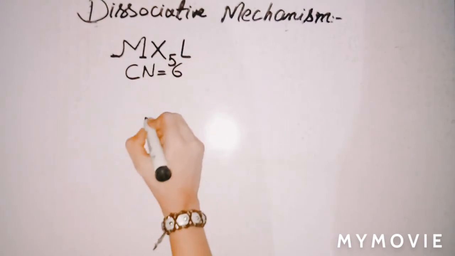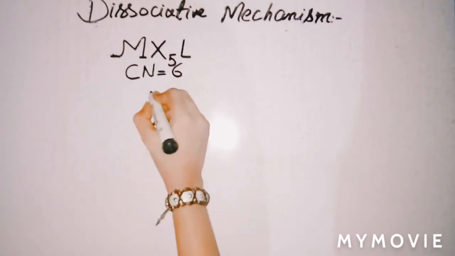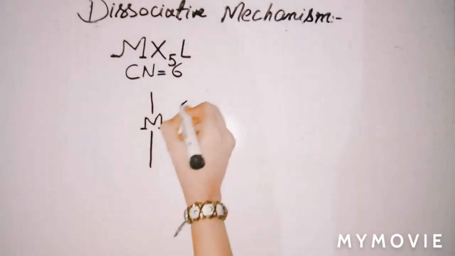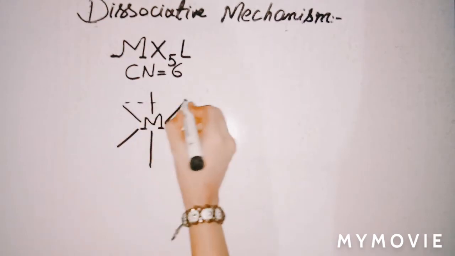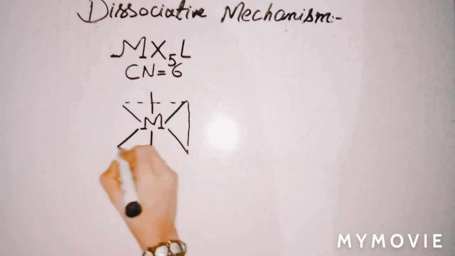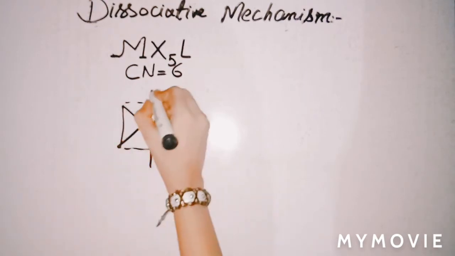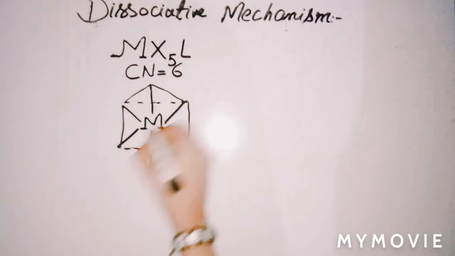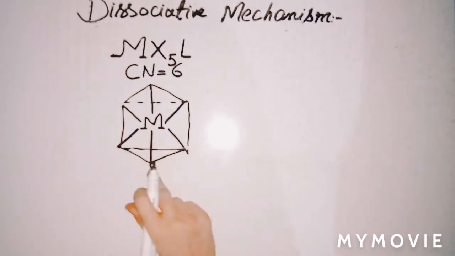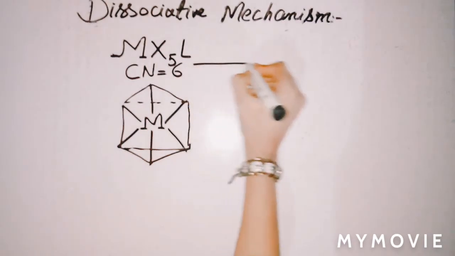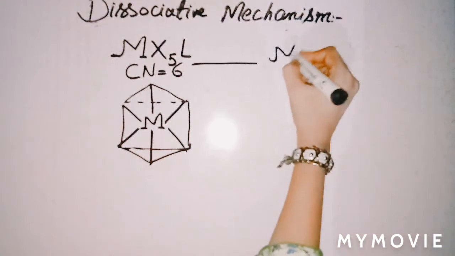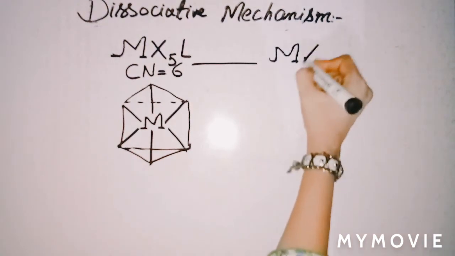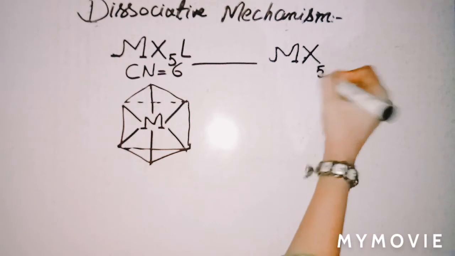Geometry of this complex is octahedral. When elimination of the leaving group occurs, then we get an intermediate having coordination number 5.